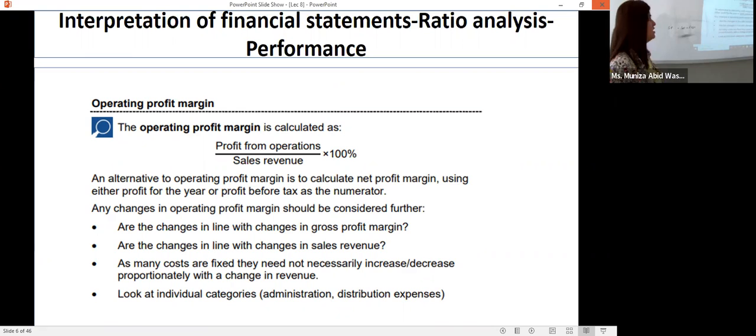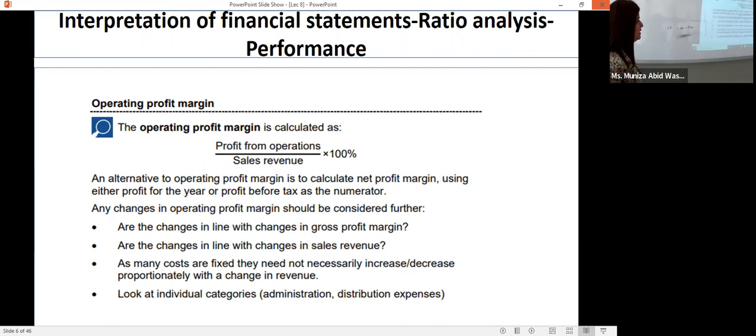So they say any changes in the operating profit margin should be considered further. Are the changes in line with the changes in the gross profit margin? If the changes in the operating profit margin are the same as the changes in the gross profit margin, it means that the company has a similar type of control over its direct expenses and its indirect expenses as well.